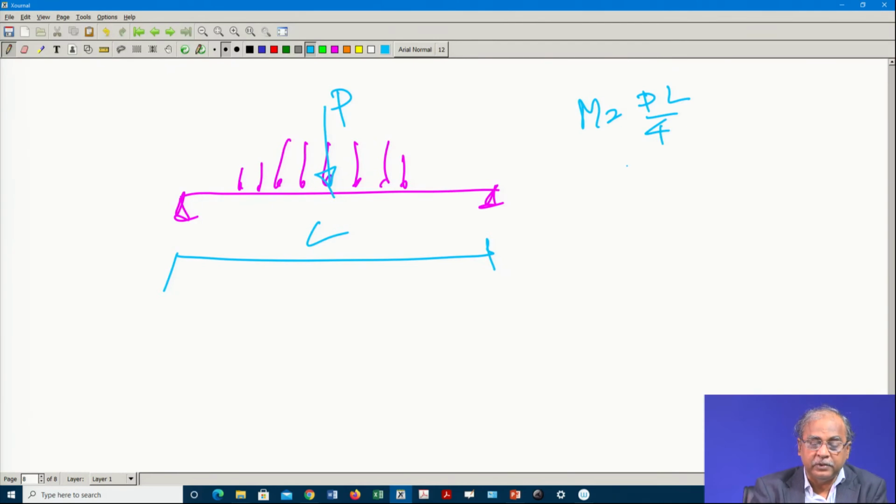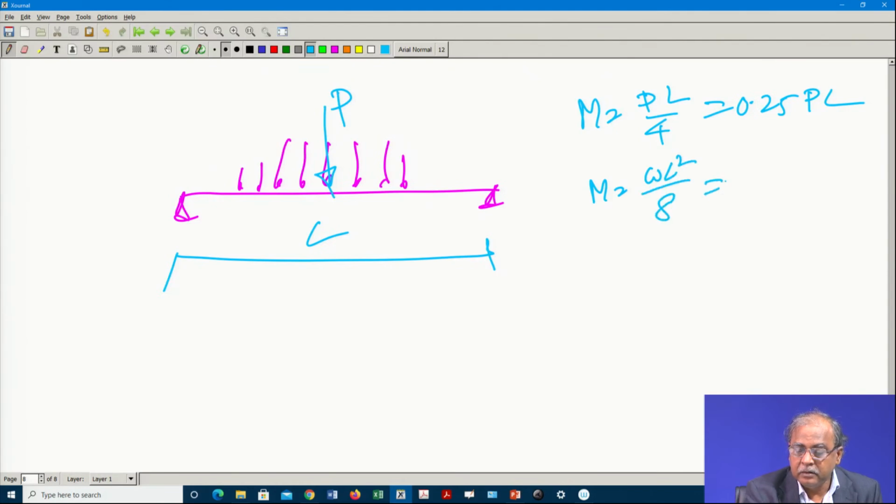But that will not be exact, because the load is not concentrated at one point. If it is WL square by 8, then we can say 0.125 WL, where W into L is the total load. If you put it in this fashion, you will find it very easy to do. I think as per requirement I have answered the questions.